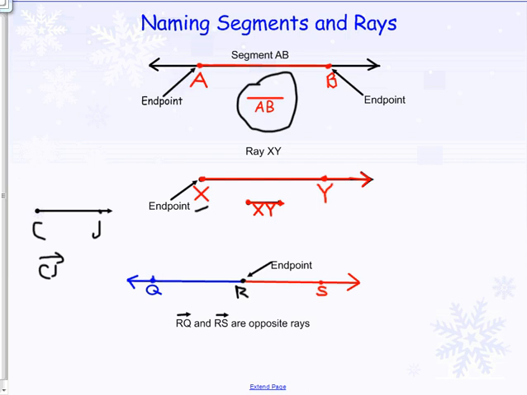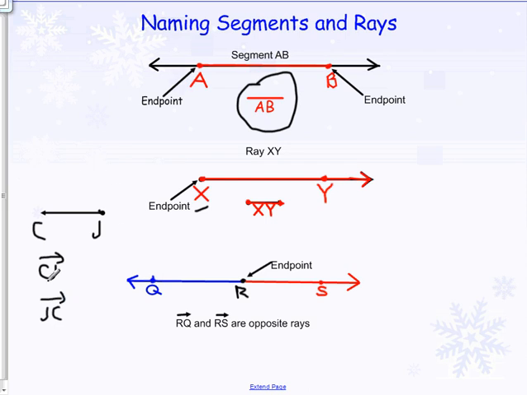However, if our ray were to be flipped around, so we were to have our ray going this way, we would name it as ray JC.